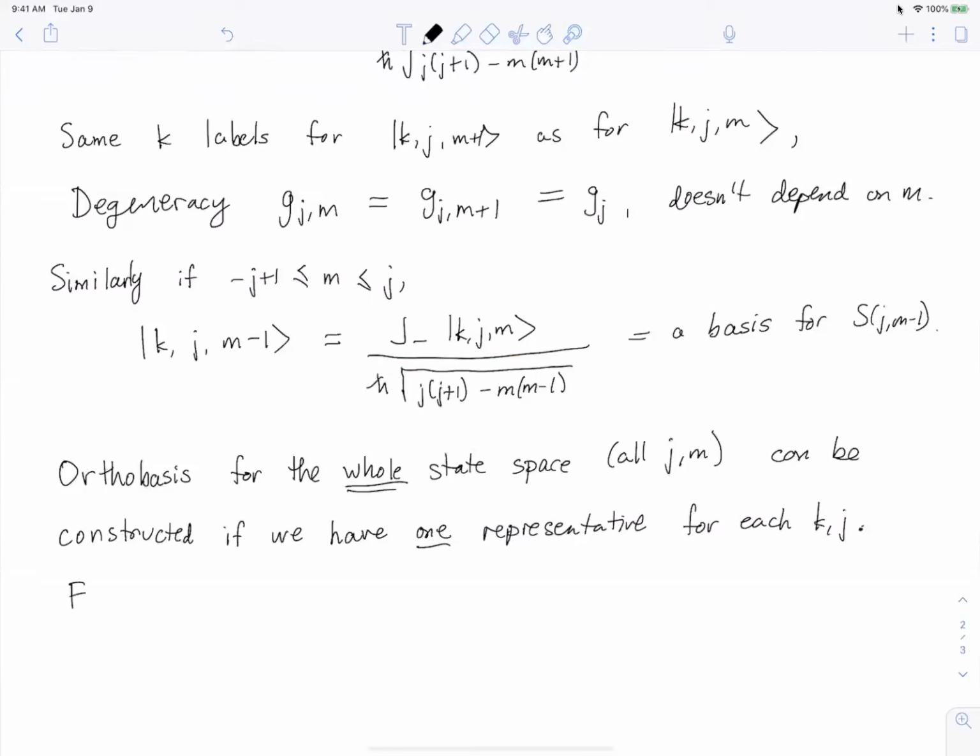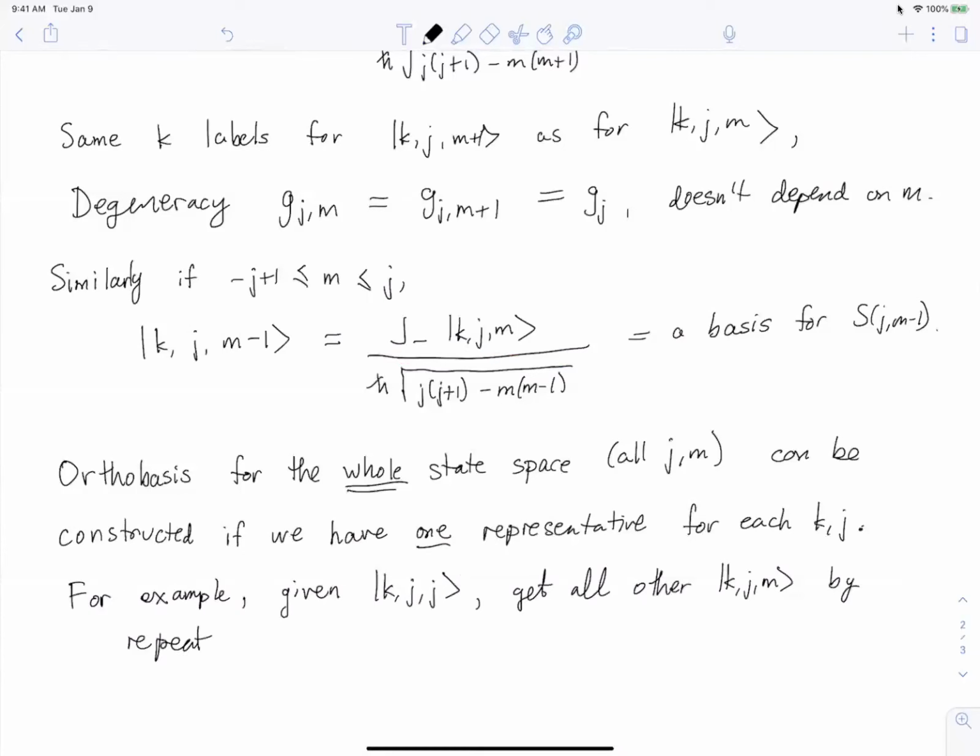So for example, let's say you're given a state k, j, j. Okay, so that means m equals j. Then you get all the others that have the same k, the same j, but some other m by repeatedly acting with j minus.